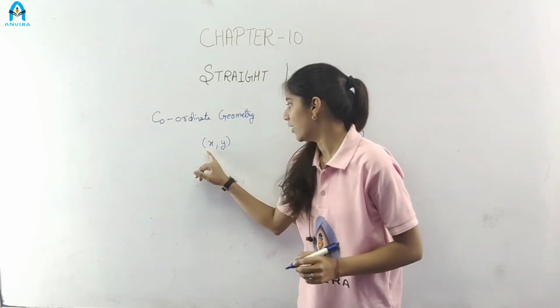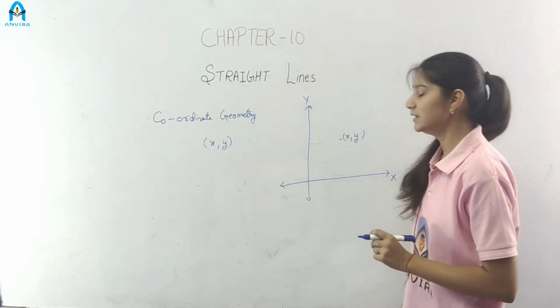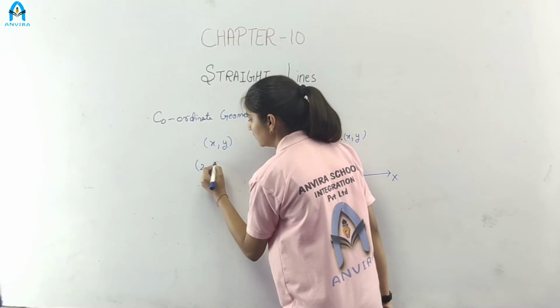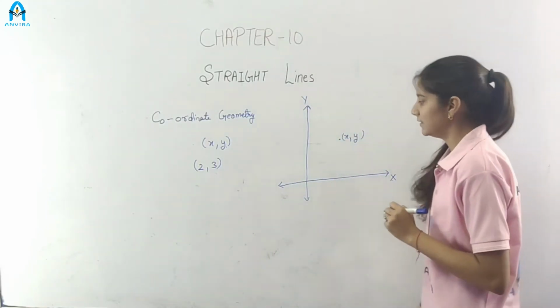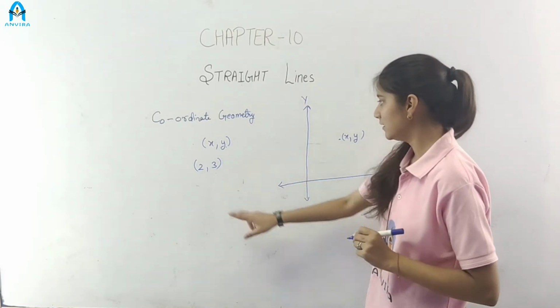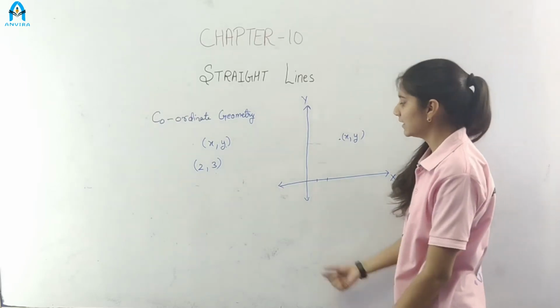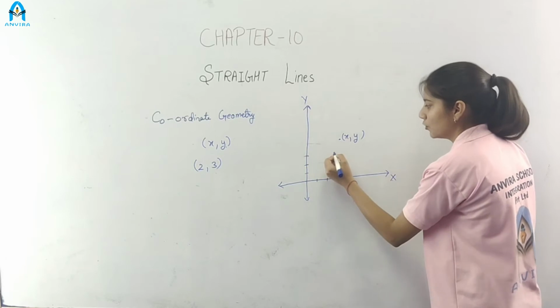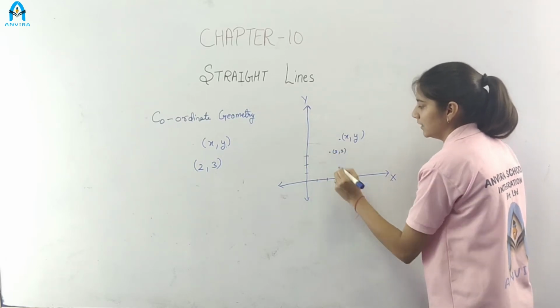Let us suppose I have (2, 3). How can I plot this? For this, I have to go 2 units on the x-axis and 3 units on the y-axis. So here I can locate the point (2, 3).